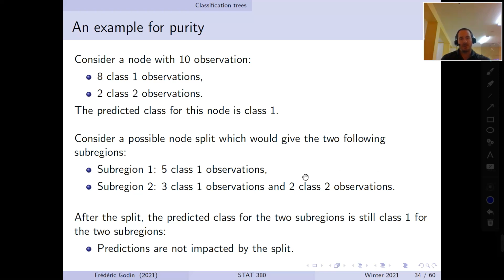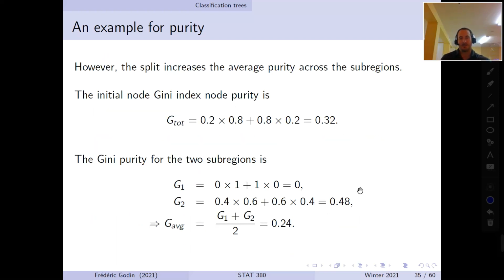Subregion 1 you would clearly classify as class 1, and for subregion 2, class 1 is still more prevalent, so you would still classify observations from subregion 2 as class 1. Originally you classify everybody as class 1, and after that split, you classify everybody as class 1. You might think it's useless to make these types of splits because it doesn't improve the accuracy. The predictions aren't impacted by such a split.